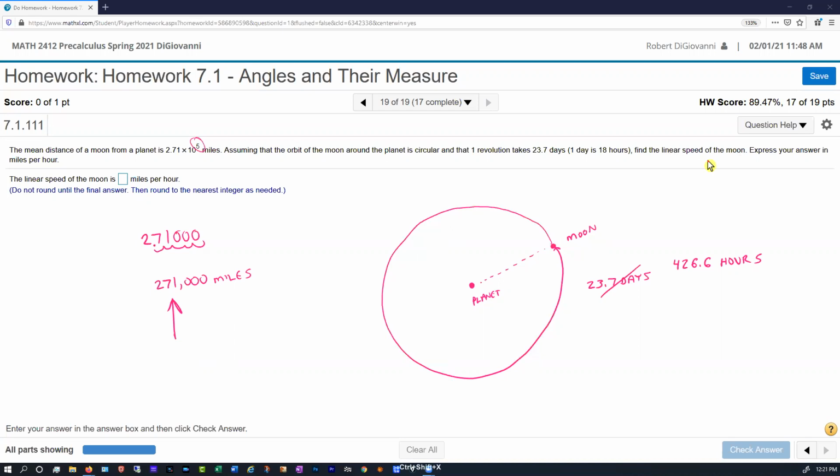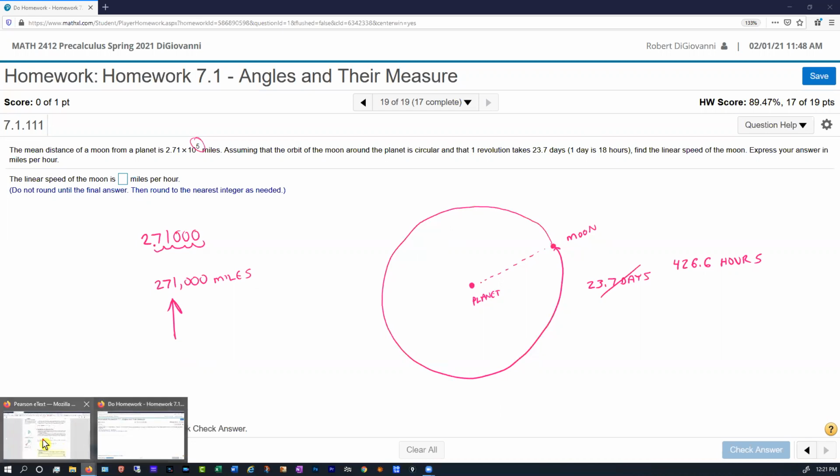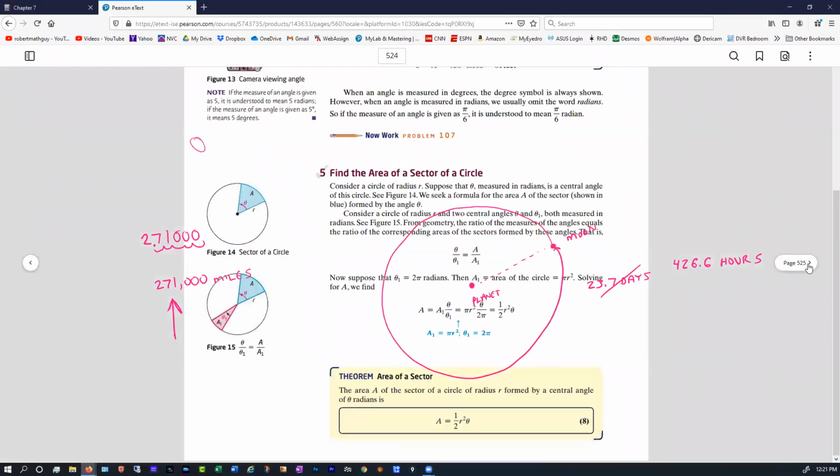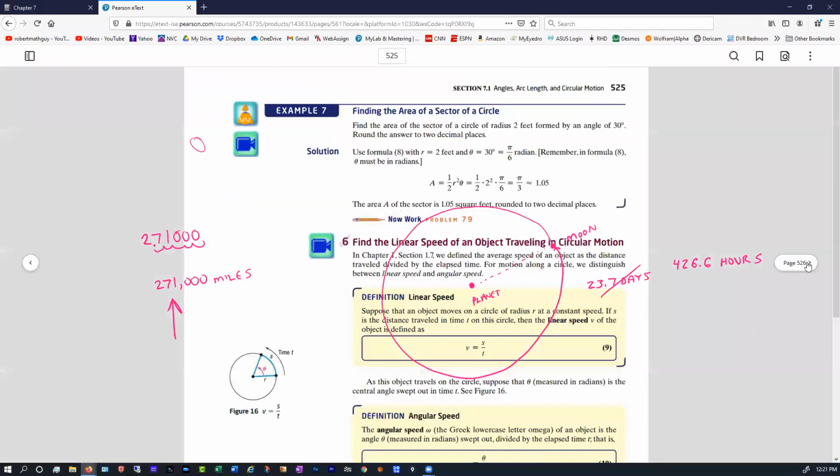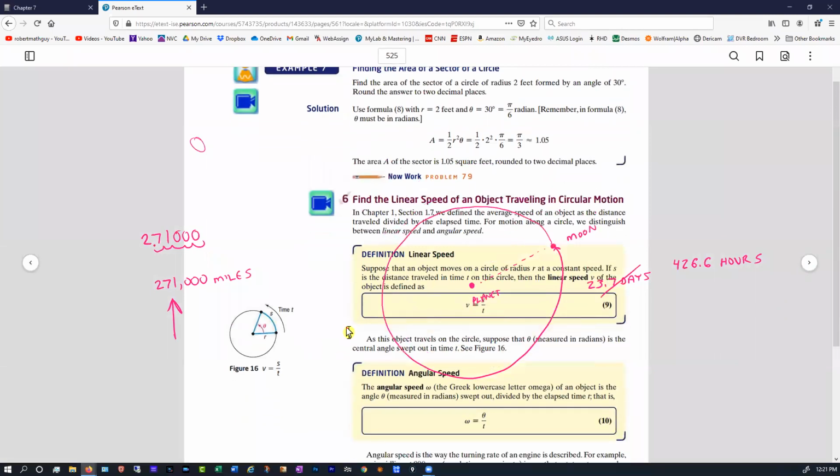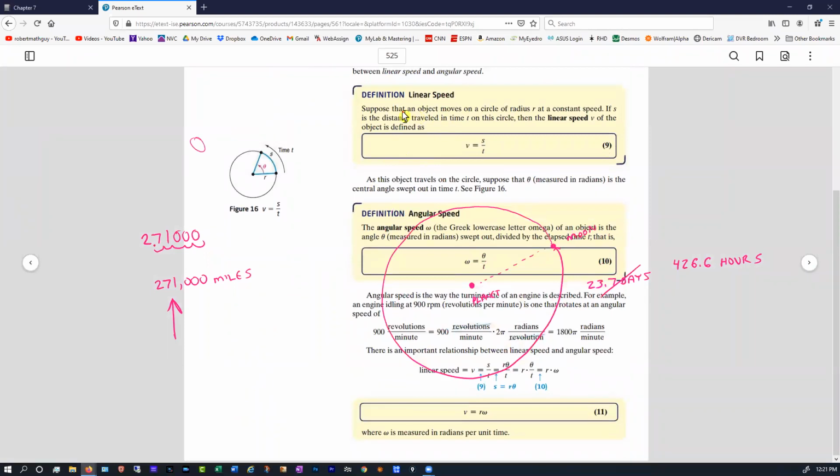So I think I'm going to bring up again the formulas that we had in the next section here. Okay, so the linear speed: if an object moves on a circle of radius r, so we have an object moving along a circle, we know the radius. If s is the distance traveled in a certain amount of time, then the linear speed is just the distance divided by the time.